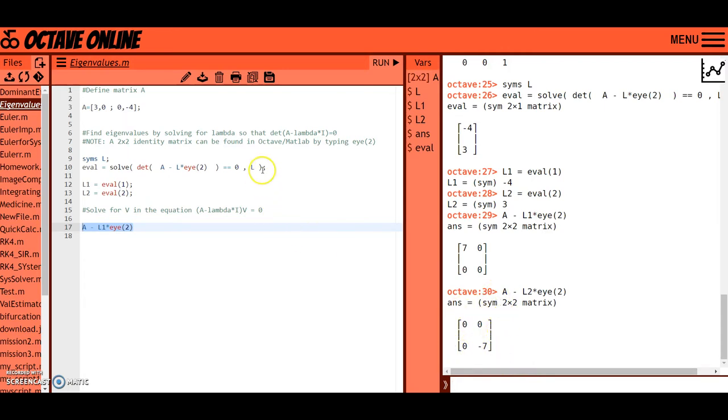And remember, this is just the coefficient matrix for v in this process. So that means that v contains x, y from top to bottom. And so what this really reads as is 0x plus 0y equals 0, 0x minus 7y equals 0.